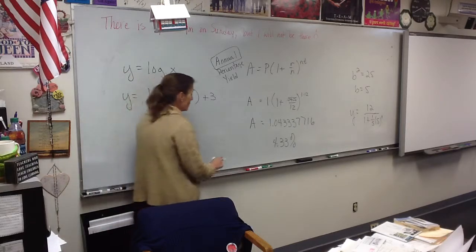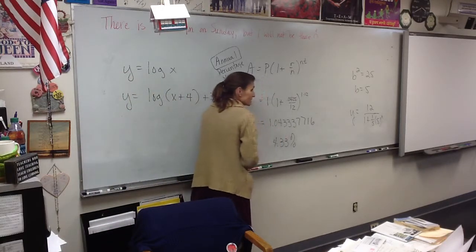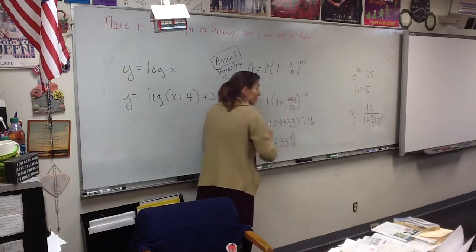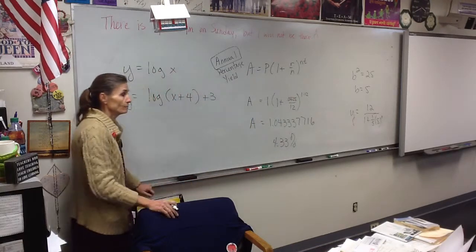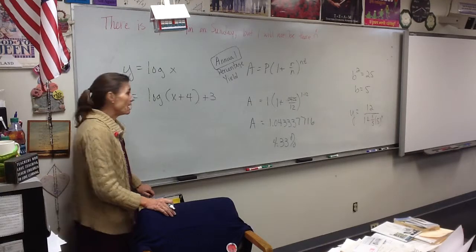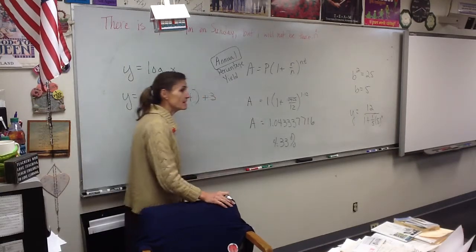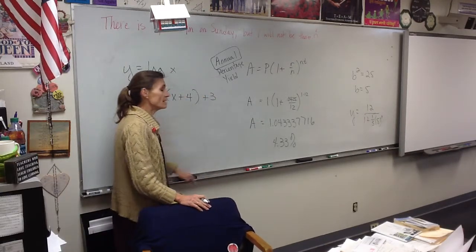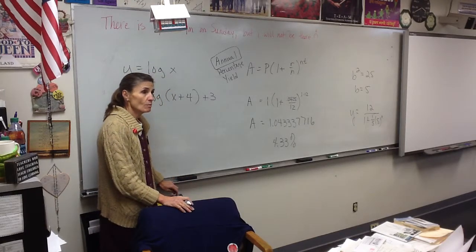So I ended up with 4.3 cents instead of 4.25 cents extra at the end of that year. Now, on an investment of $1, that's not a big deal. But what if that had been an investment of $1 million? Would that be a difference? Yeah, it'd be a big difference.